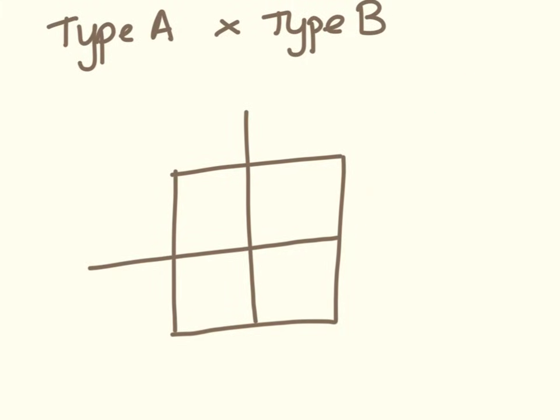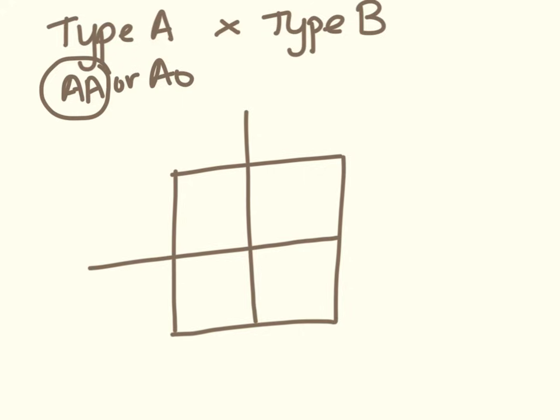In our next problem, we're going to cross a parent with type A blood with a parent with type B blood. Now here you may wonder, okay, type A can either be AA or AO. Well, in our problem it states that the individual is homozygous. So if they are homozygous for type A, that means they have two capital A's as their genes.